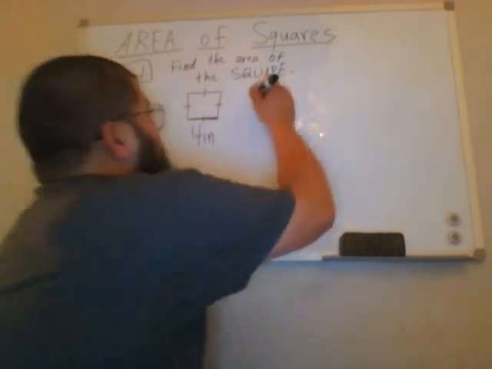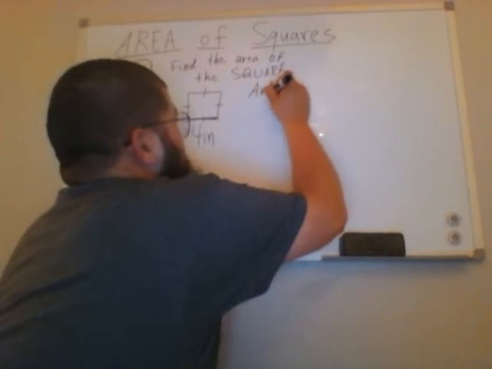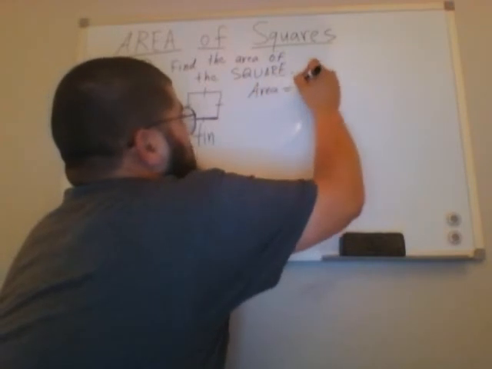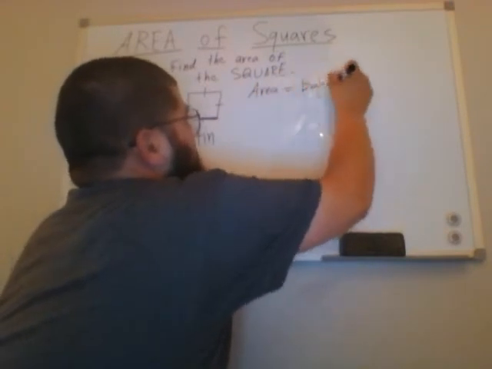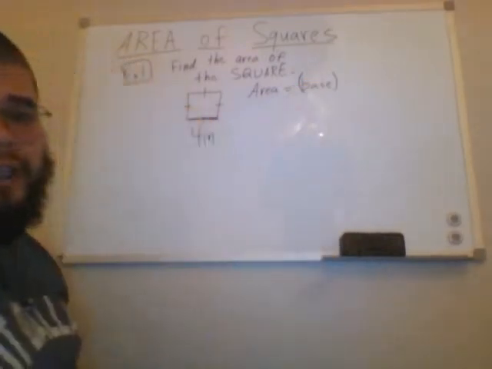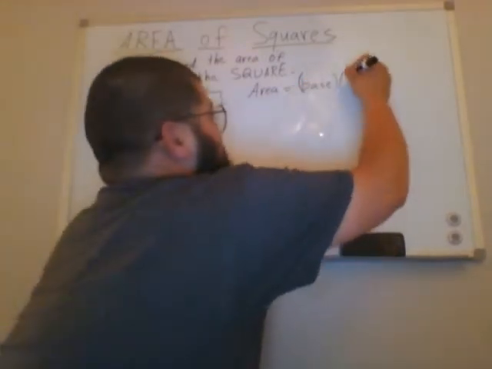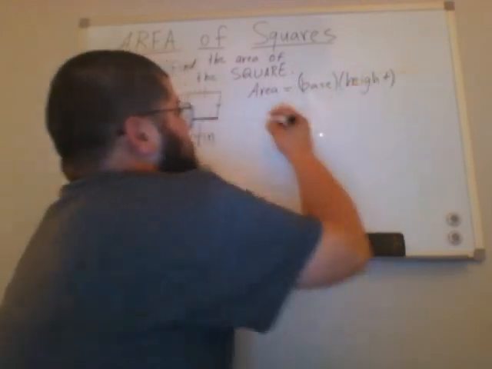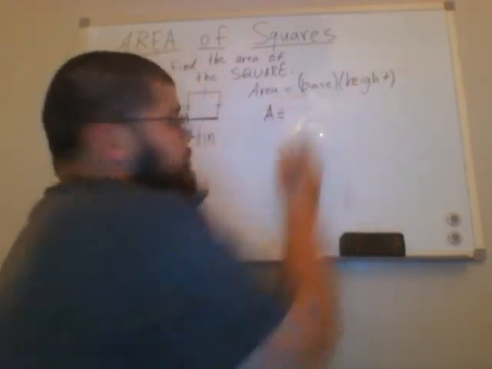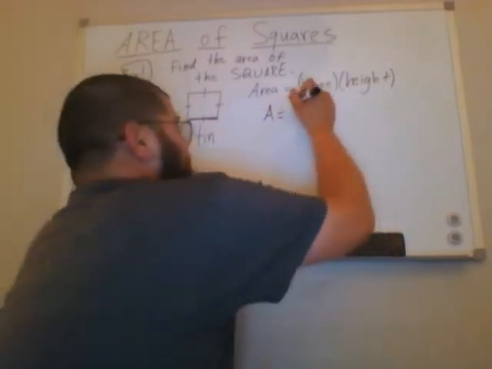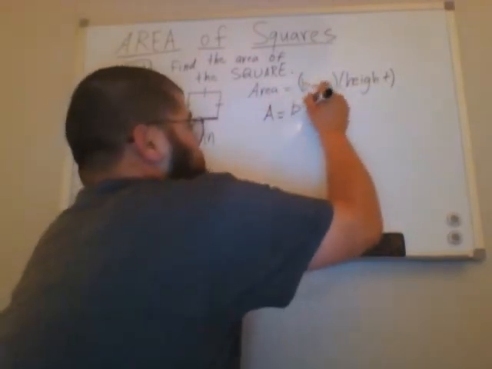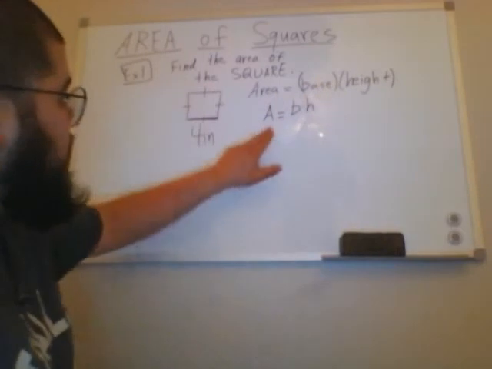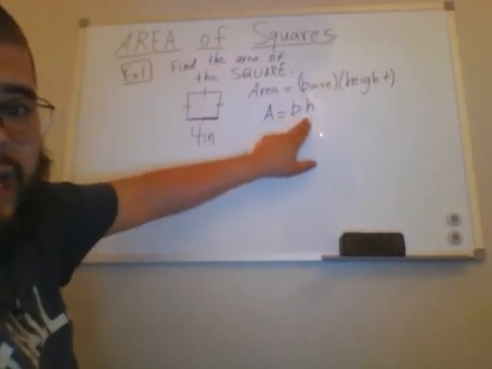And so that formula is area equals base, which is the bottom side length, times the height. How you write that is capital A equals lowercase b times lowercase h. Area equals base times height.